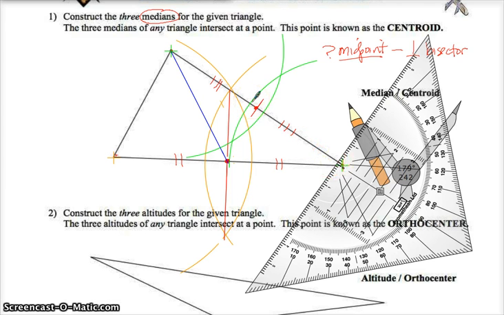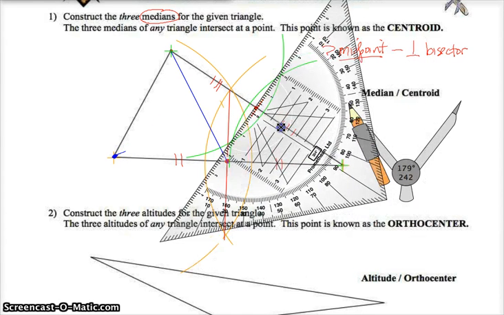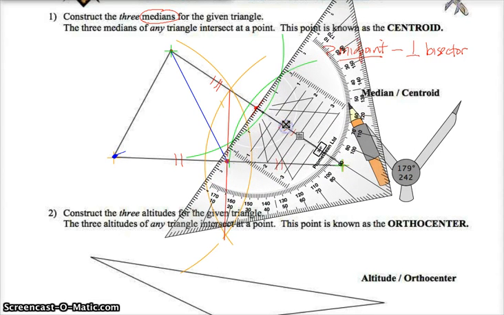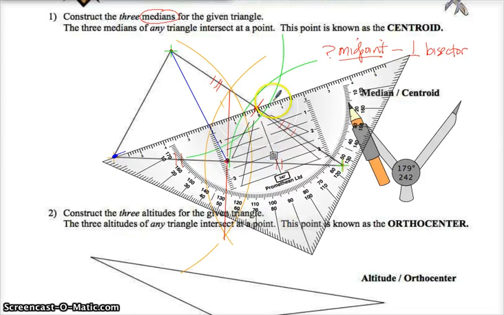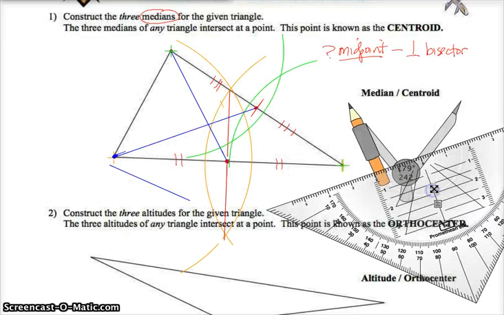Separating this length of the side into two congruent parts. But remember, your median needs to go from this vertex to the side opposite and connect at that midpoint. So this is now my median. Okay, two medians done.